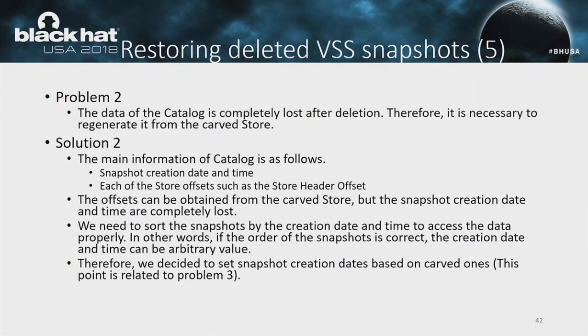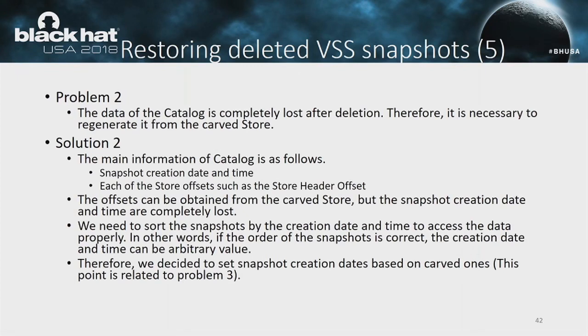Next, problem 2. The data of the catalog is completely lost after deletion. Therefore, it is necessary to regenerate it from the carved store. A solution to the problem is like the following. A catalog has two main pieces of information, snapshot timestamp and store offsets.